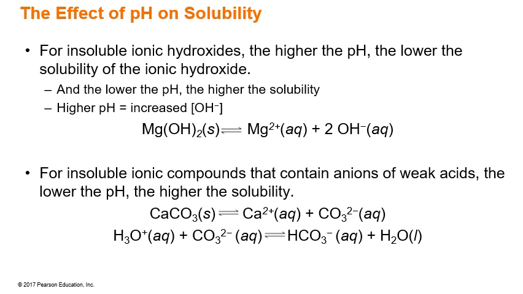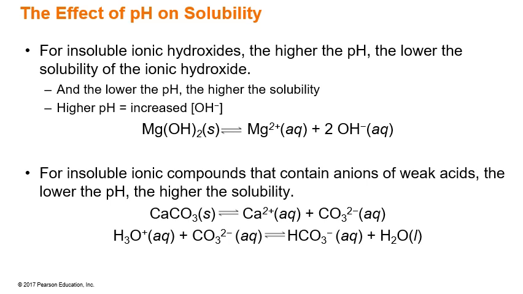We can also use pH to help us shift our solubility. So if we have a hydroxide, if we increase the pH, because of our hydroxide being on the product side, it's going to shift the equilibrium towards the solid, or towards the reactants.